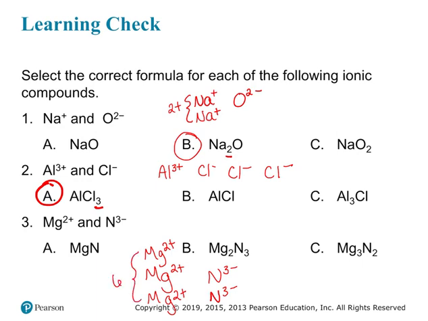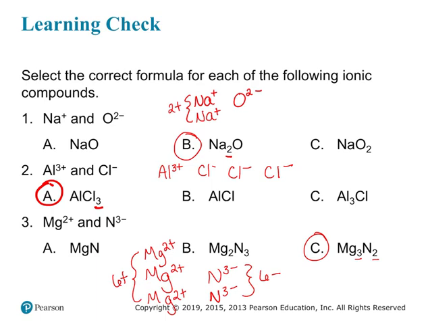So we've got 6+ coming from our 3 positive ions, and we have 6- coming from our 2 negative ions. So now they balance each other out. So which formula would be the correct formula, A, B, or C? C. We have 3 magnesium ions and 2 nitride ions.